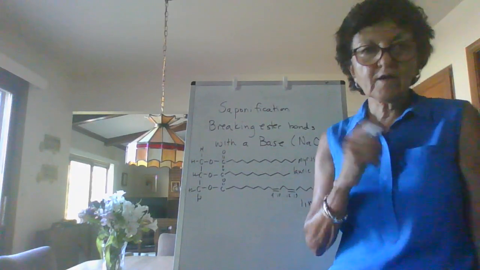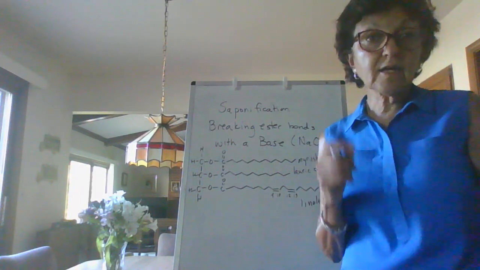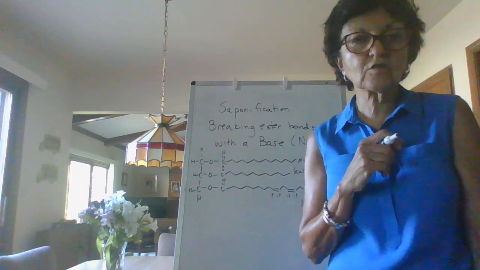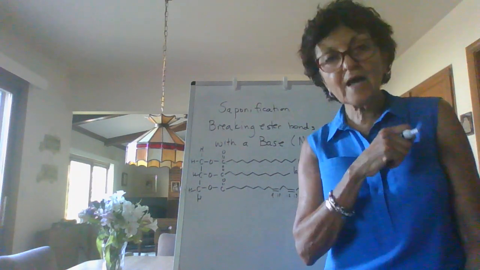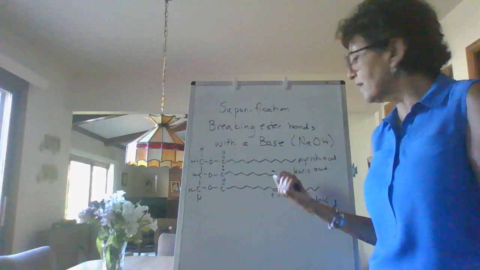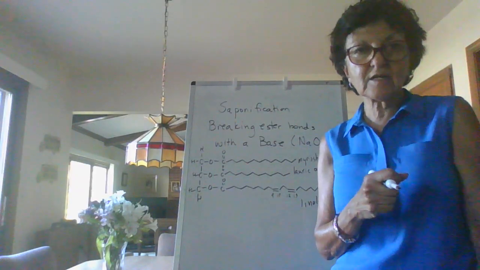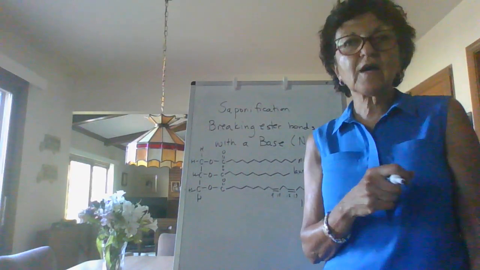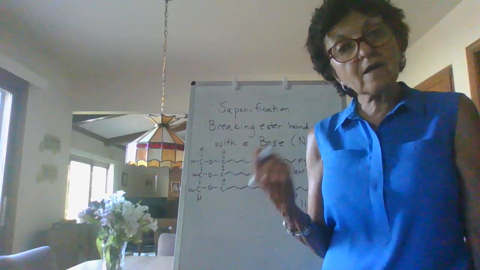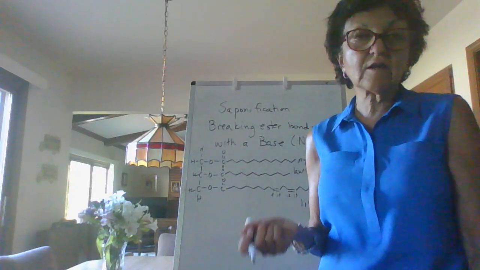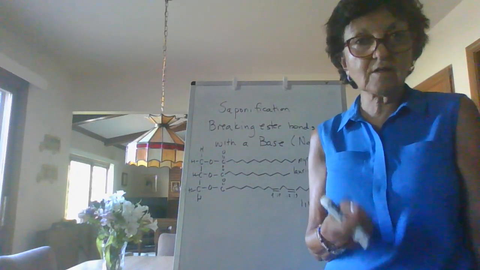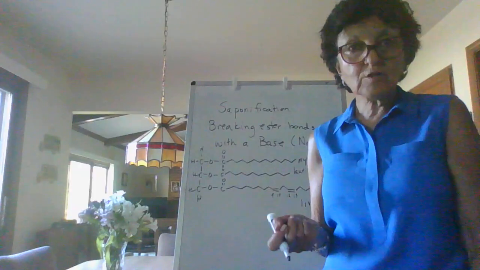Okay, what if I asked you, are there any essential fatty acids in this triglyceride? You would say, absolutely yes, because linoleic acid is an essential fatty acid. Then what if I ask you, is there an omega-3 fatty acid or is there an omega-6 fatty acid in this triglyceride? How would you figure that out?